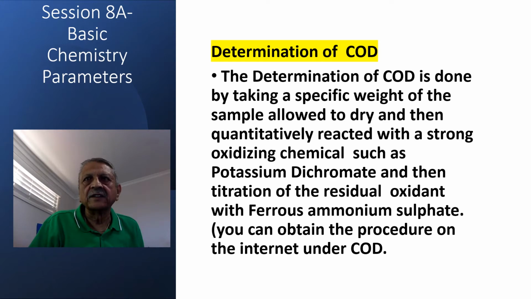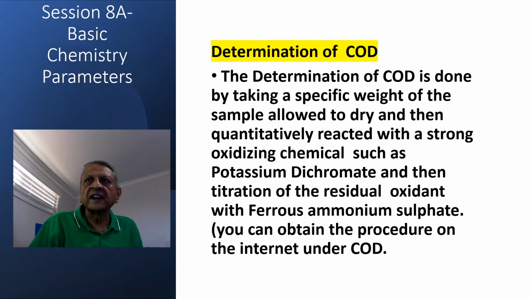Therefore, we do not need to know how the COD is measured or determined. However, just for your information's sake, I am providing you some information as to how they determine the COD.